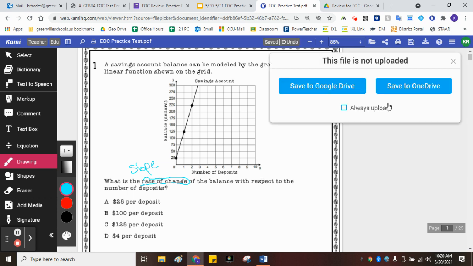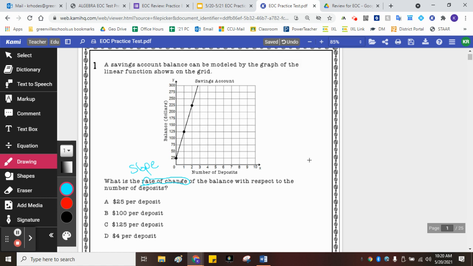Balance is our y. With respect just means over deposits, so per deposit.